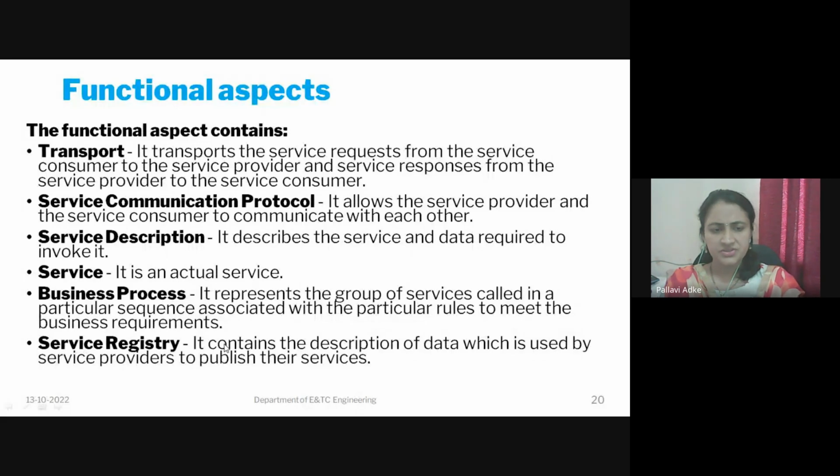Then service registry, as I told you, contains the description of data which is used by the service provider to publish their services. How would people know that I am selling different fashion clothes? I should go and register to the service registry. With word-of-mouth publicity it will also work, but obviously there will be some limitation; only a few people will know.